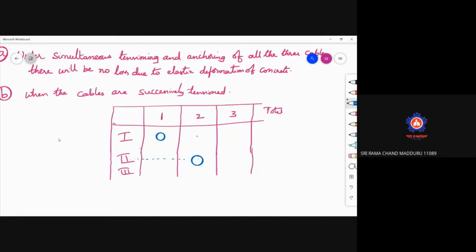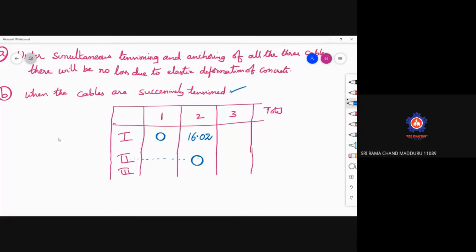Remember, when the cables are successively tensioned, for the first tendon the loss is 0. When you are doing the second tendon, in the second tendon it is 0, but it will give loss to the predecessor cables. So how much loss will there be? The first cable will experience a loss, and the value is nothing but the loss of pre-stress, 16.02. So that is the loss.